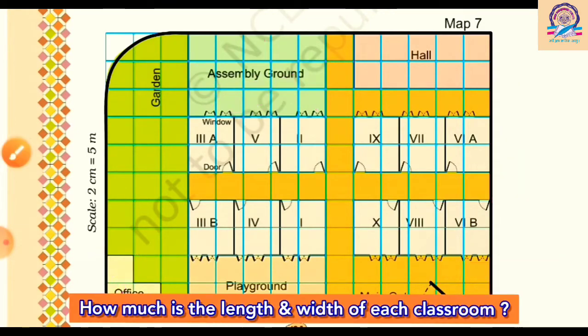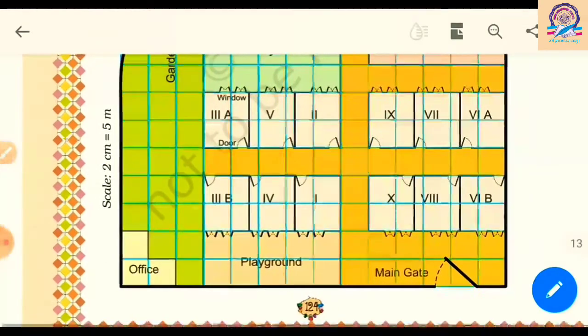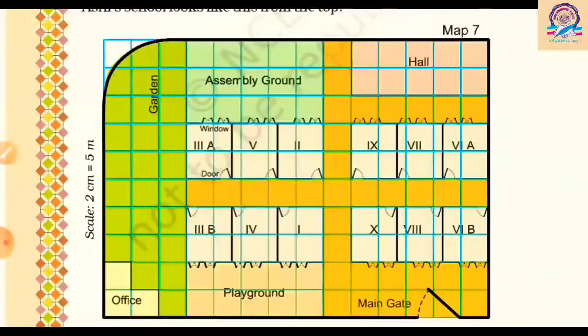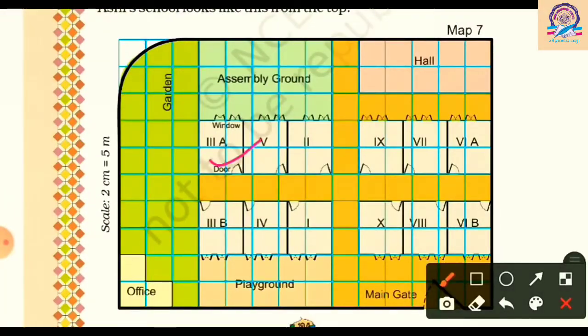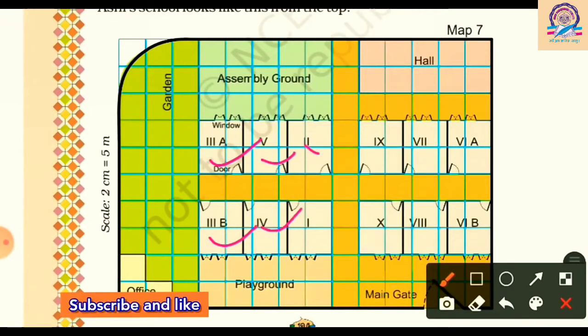Now the next question is, how much is the length and width of each classroom? Here you can say that the dimension of each classroom, whether it is 3A, 3B, 5th, 6th, whatever class you choose, each class has the same dimension.